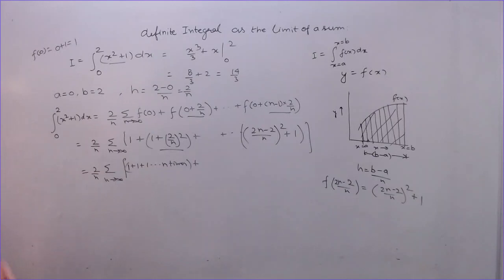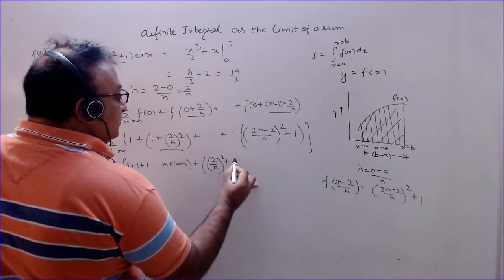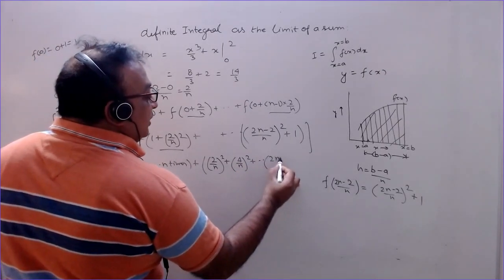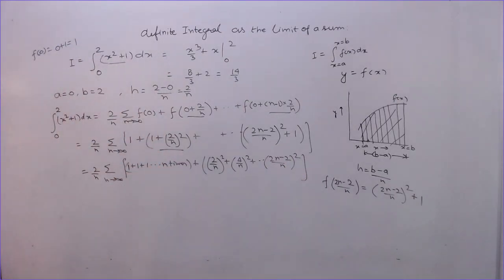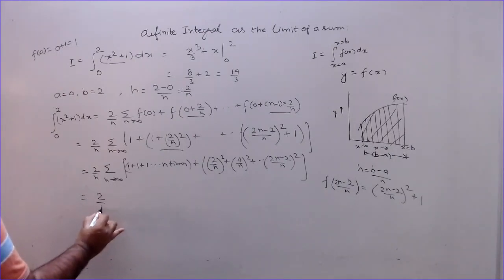So this term becomes up to 2n minus 2 by n whole square. So these are two series. We have to simply sum them up.